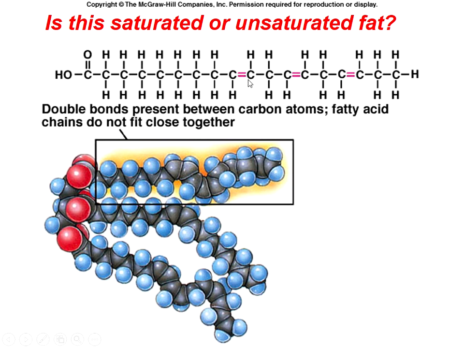So here's the thing to look for. If you see carbon double bonds or you see hydrogens missing, it's an unsaturated fat. So if you get a test question that says the carbon has more carbon double bonds than this other one, it would be more unsaturated. The more carbon double bonds, the more unsaturated. The more hydrogens missing, the more unsaturated.